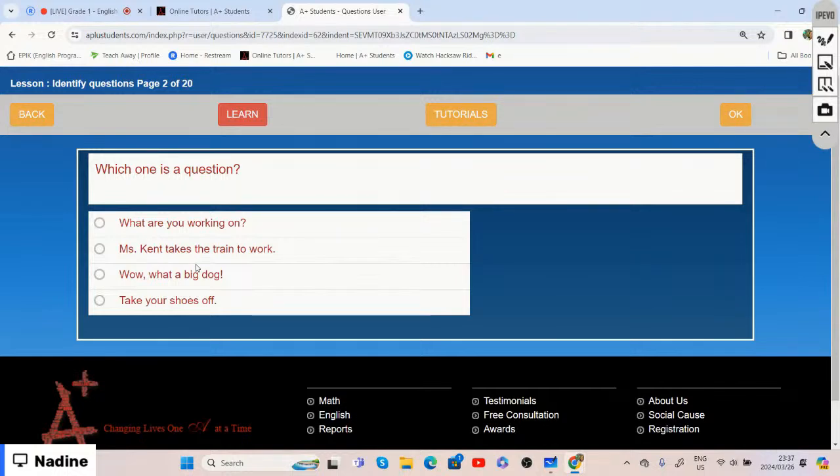The third one says, wow, what a big dog. Option 4 says, take your shoes off. We now need to choose one of these sentences that is a question. And remember, a question ends with a question mark.